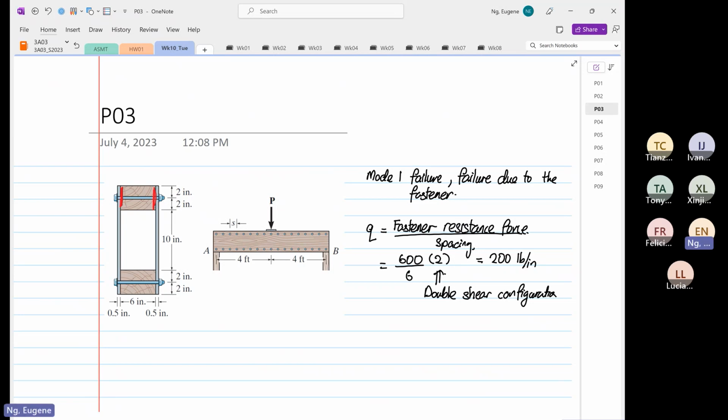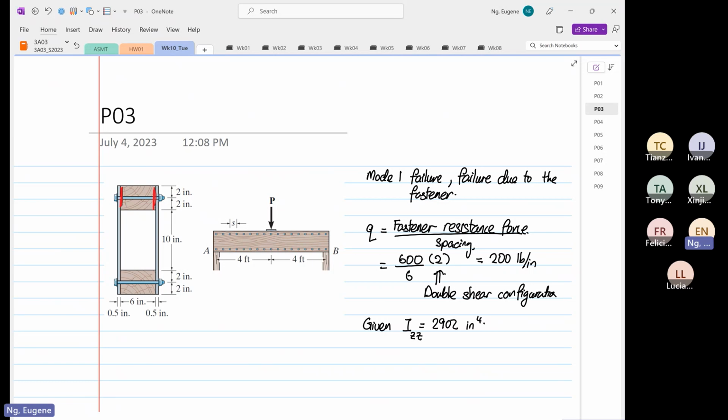Okay, right. So once we have done this, we want to determine P. I'm not going to waste your time calculating I, I'm just going to write it down. Given that I, the second moment of area, so this is I_zz, is equal to 2902 inch to the power 4.